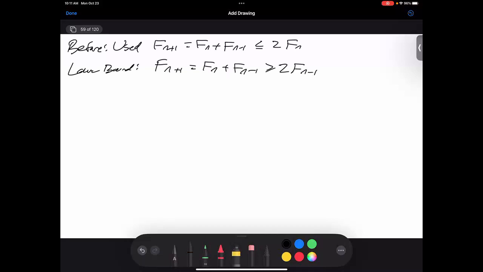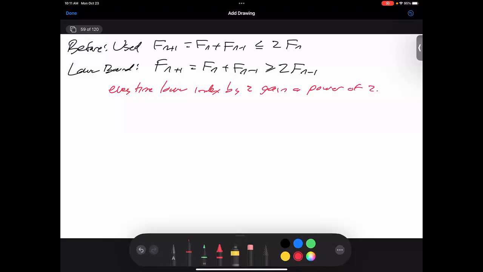So this is a little bit harder. Every time we lower the index by 2, we gain a power of 2. So we have f_{n+1} is greater than or equal to 2f_{n-1}. So what would be true about f_{n-1}? What would that be greater than or equal to?